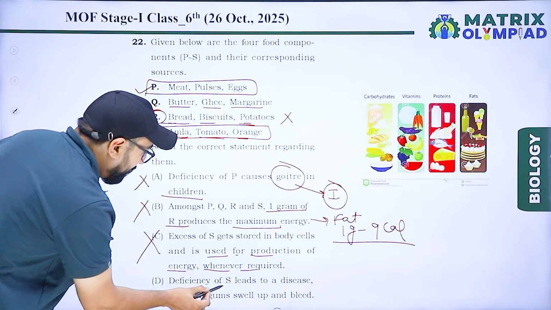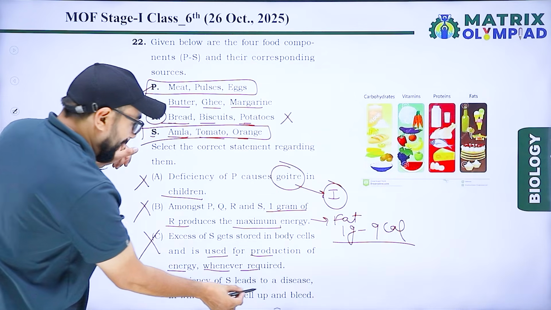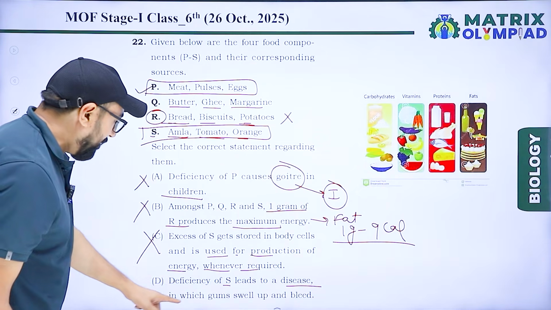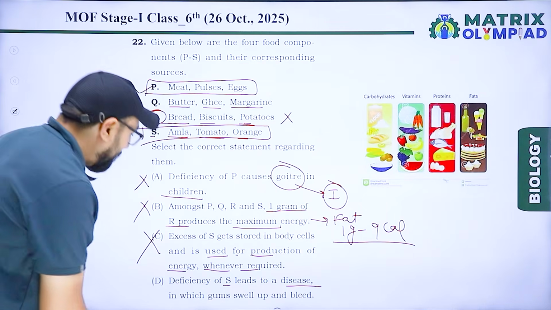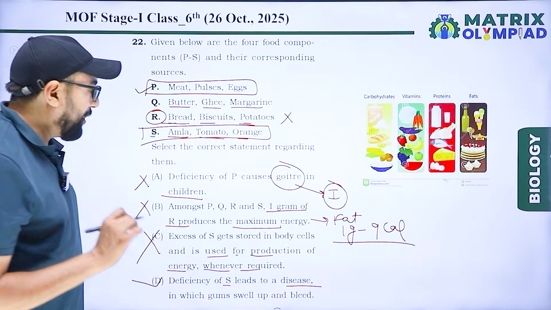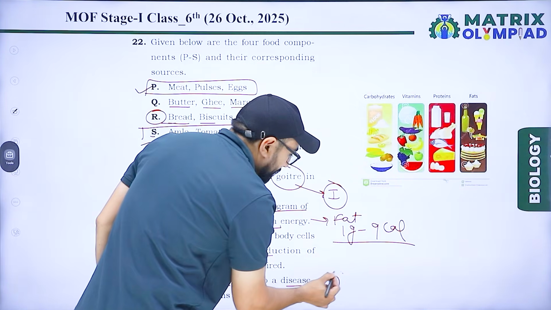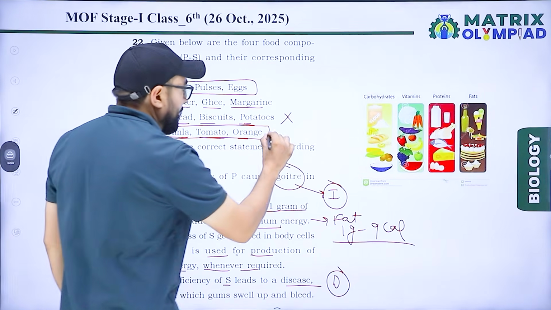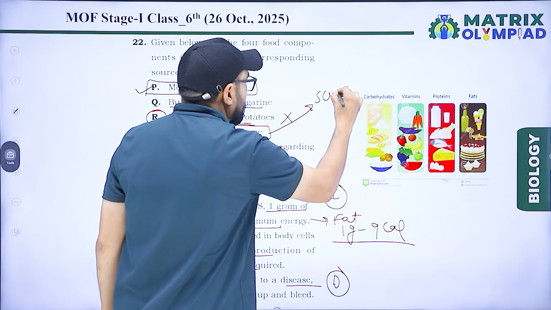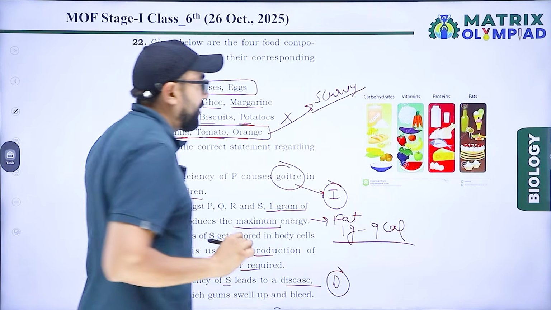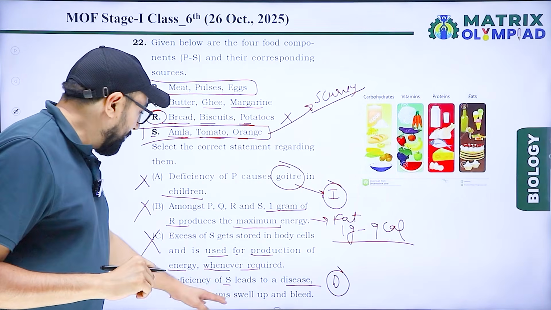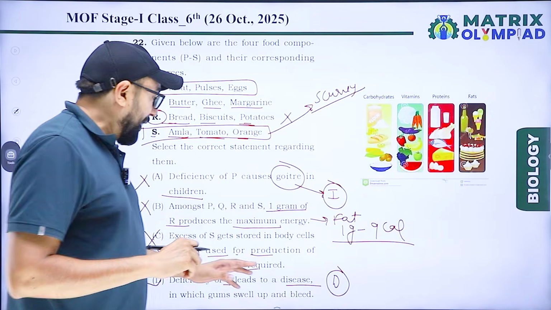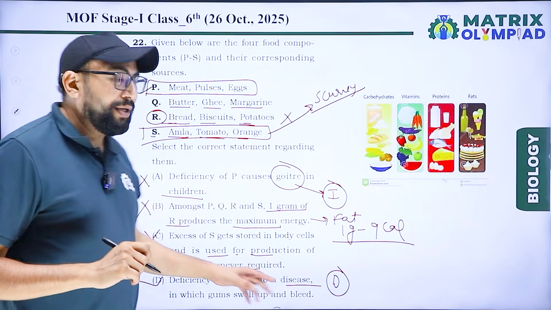And deficiency of S leads to a disease, that is scurvy, in which gums swell up and bleed. That is right. Option D is correct for this statement, because deficiency of vitamin C causes scurvy disease related to gums and bleeding. So the right answer is option D.